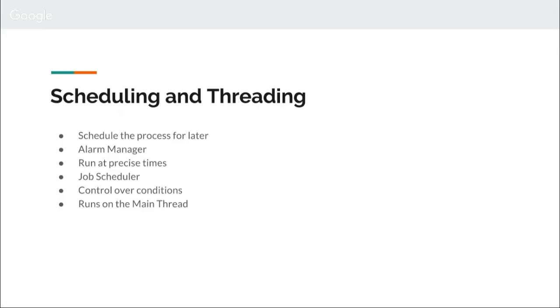I will not be talking much about this, but know that JobScheduler can run on background threads, and you can also tell the system, the application, if this job is really important and it gets interrupted for some reason, it will reschedule the job and run it again for you. You don't have to handle like there was a connection error and the download didn't finish, so you have to reschedule. You just have to tell the JobScheduler to reschedule for you.